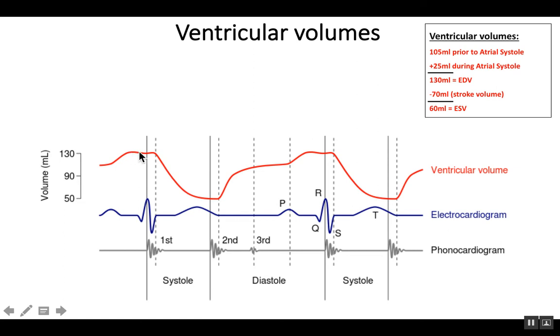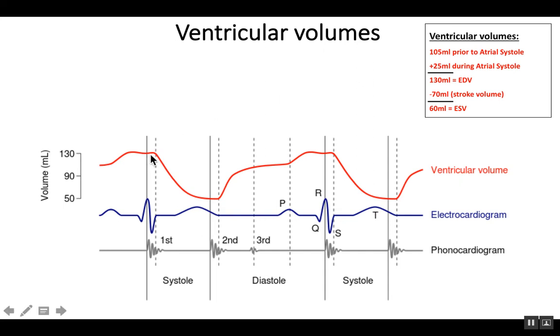So we're going to go from 105 to 130. So that was the addition of the 25 milliliters during atrial systole. That brings us to the maximum, at least for this heart, of 130. That's the full, and that we call end diastolic volume because the ventricle is at the end of relaxation. So it has 130 milliliters in it.